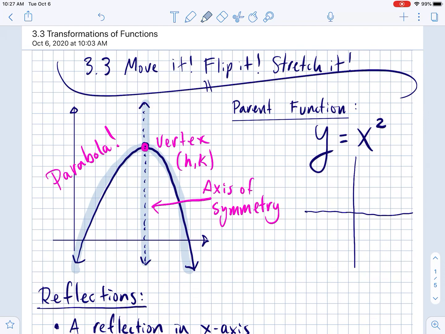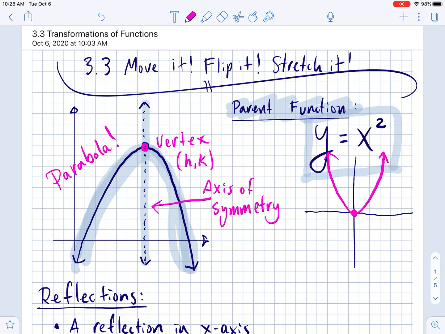Now, this particular parabola, this one over here, has been transformed. It's not like your typical parabola. A typical parabola we call the parent function, a parabola that has not been transformed at all. Notice that the parent function equation is y equals x squared. It's the most basic parabola you can have, and it looks like this. It goes through the origin, point (0, 0), and it opens up.